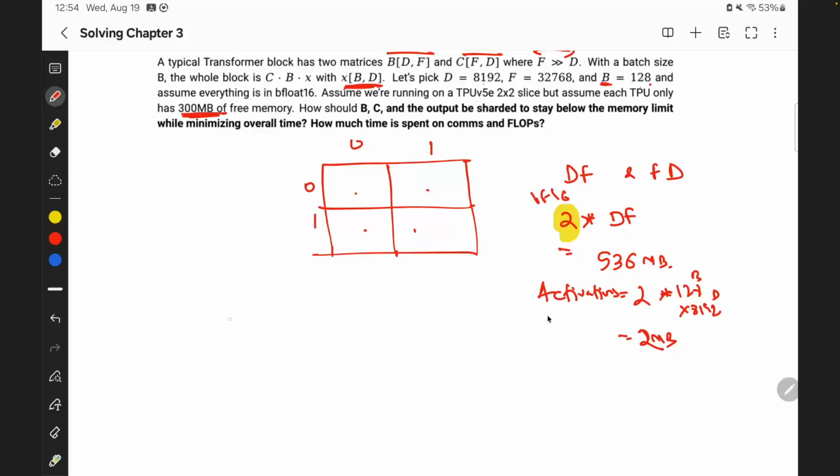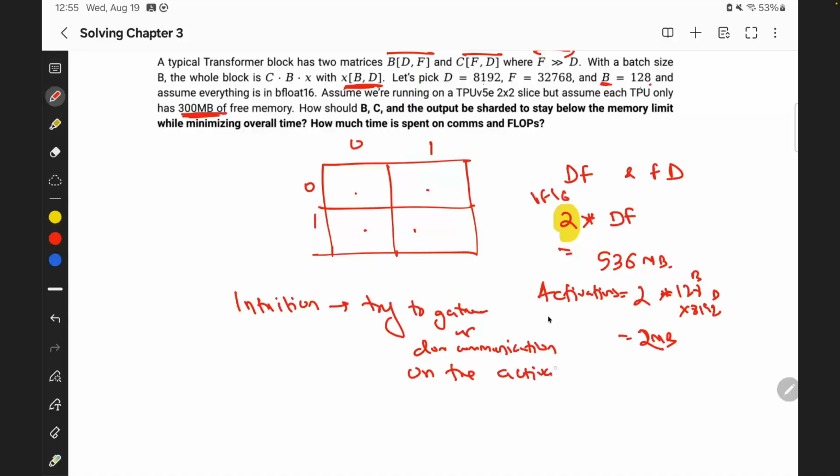So the intuition says you should do the communication on the activations.